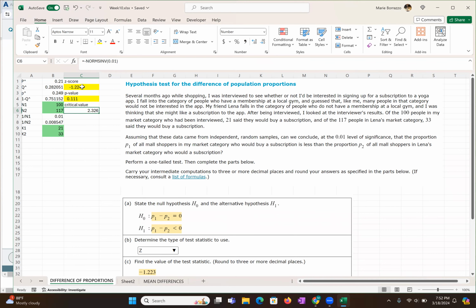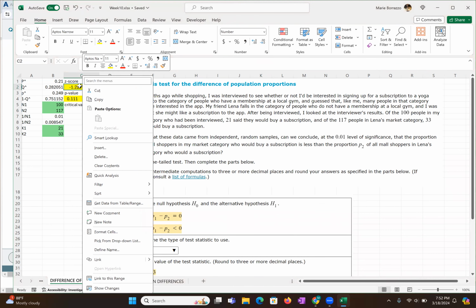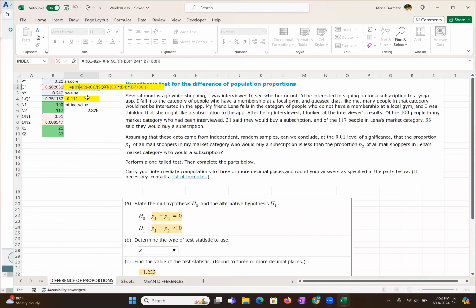Let me show you the formula. So it's B1 minus B2. B1 is 0.21. B2 is 0.28, minus 0, divided by the square root of B3, which is 249, times B4, which is the 0.75.